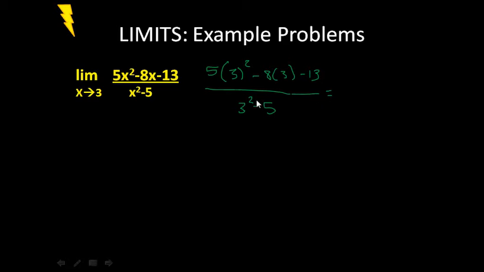So 3 squared is 9, 9 minus 5 is 4, and then 3 squared is 9, 9 times 5 is 45, minus 8 times 3, which is 24, minus 13, that is equal to 45 minus 24 minus 13, that's equal to 8 over 4, which is just 2. So the limit of this function right here as x approaches 3 is 2.